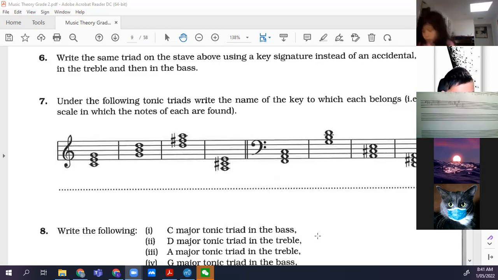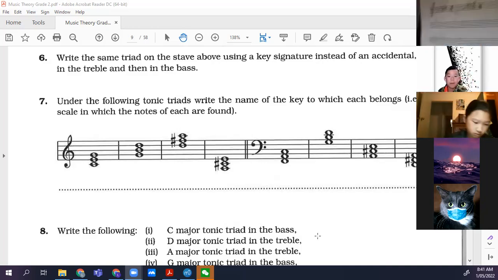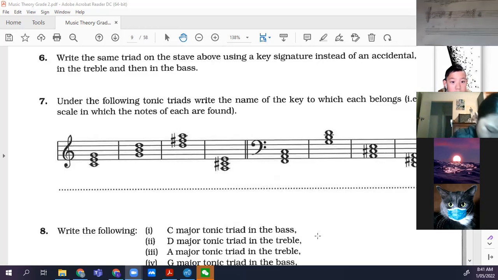Hazel, the key signature for D major is still not quite right. The key signature for D major is F sharp and C sharp. I'll let you figure out where to put those. Yep, Abigail, that's pretty good, I think.